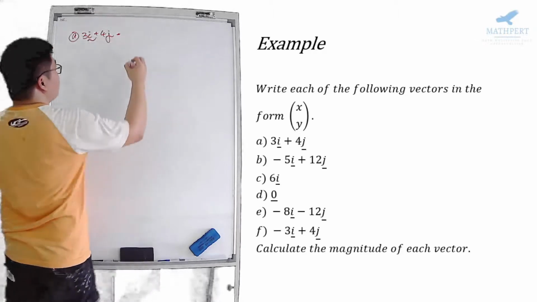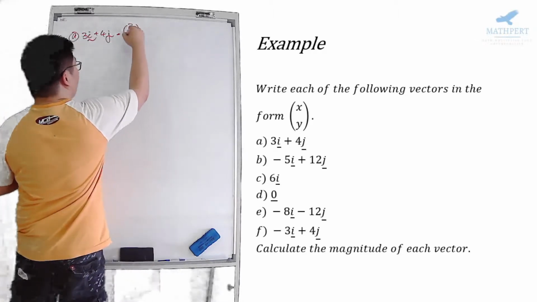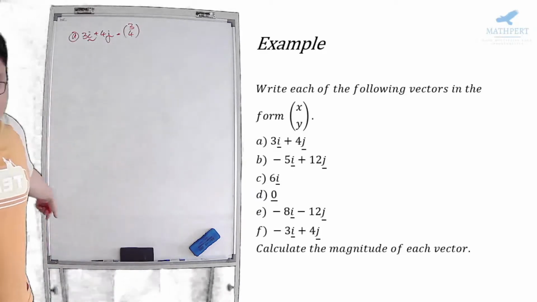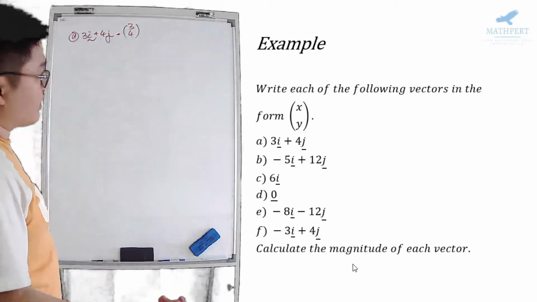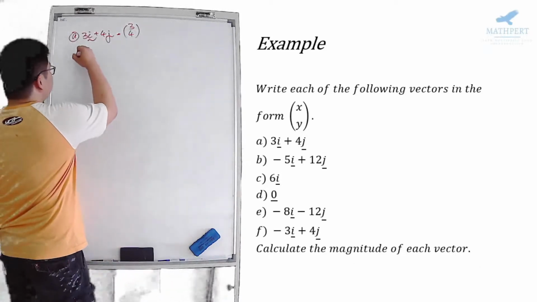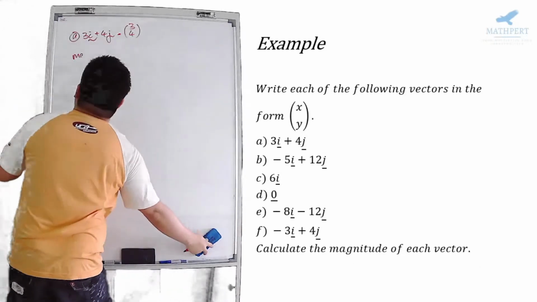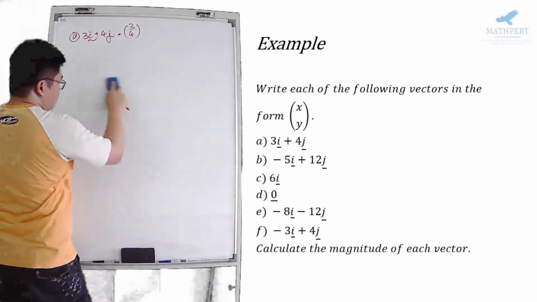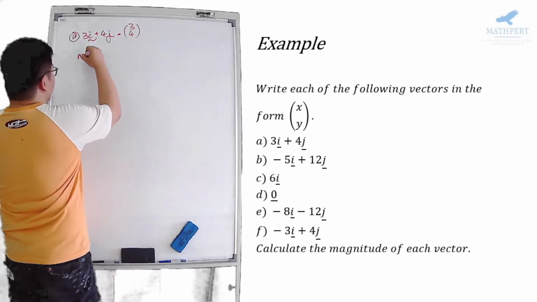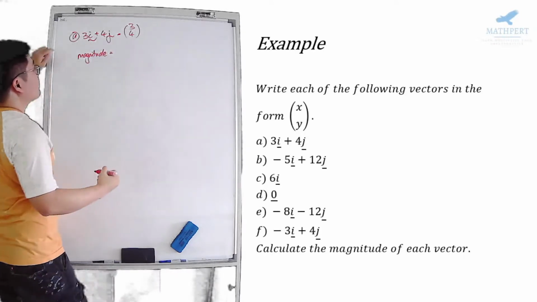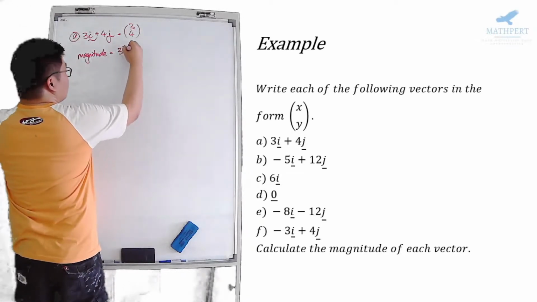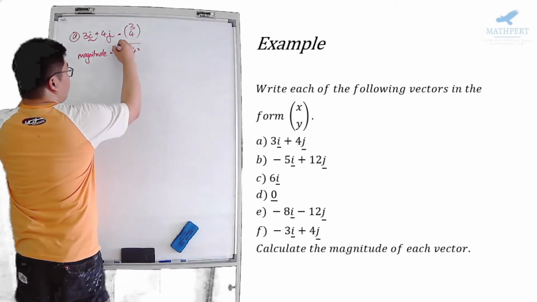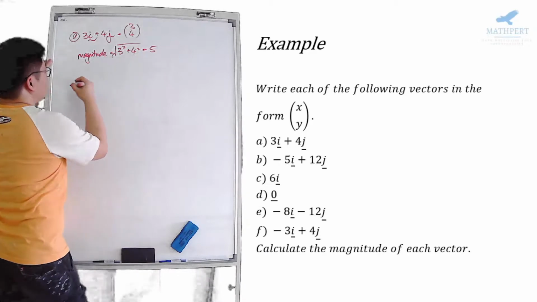If you write it, this will be 3, 4. Alright? Take a look at the last sentence. Calculate the magnitude of each vector. So, the magnitude will be 3 square plus 4 square, square root, we get 5.